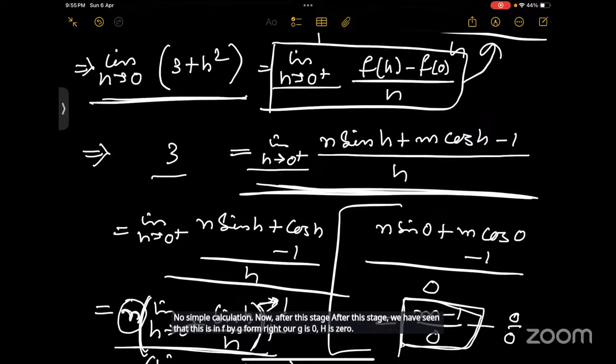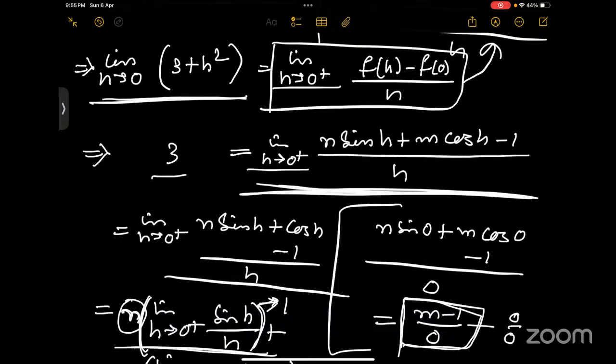If I put 0 here, we will find m minus 1 in the numerator. But we want the 0 by 0 form because we know that the limit exists. If m is not equal to 1, we have some finite number by 0, which means the limit is not defined. But we know that the limit is defined. So m must be equal to 1. So the value of m will be 1, right?